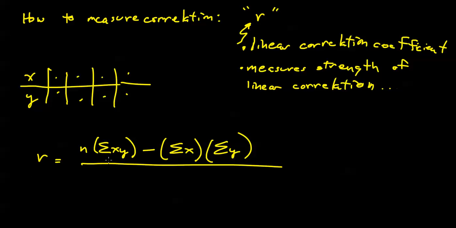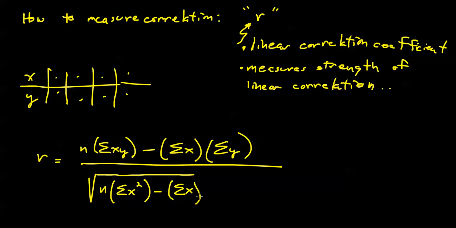Of course, where summation xy means the pairwise products of x and y values added up, and summation x and summation y are, of course, the sum of all x values and the sum of all y values. In the denominator, we've got two square root expressions, and the symbology should look somewhat familiar to you regarding earlier formulas we've seen in this course.